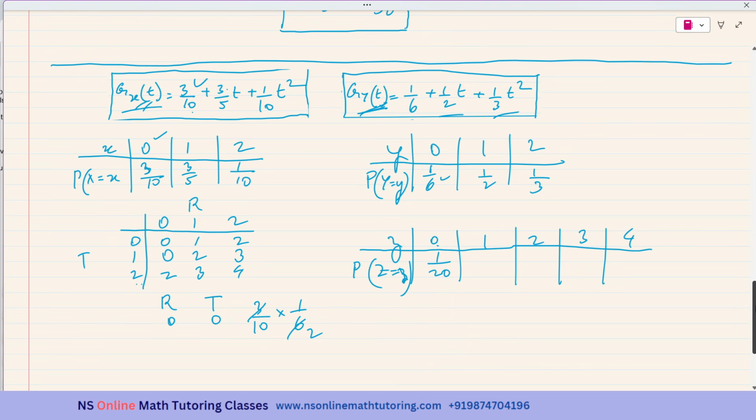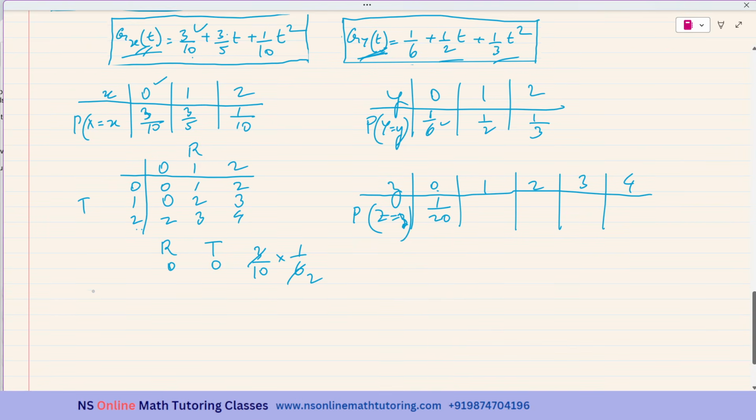Okay. Then Z equal to 1. How can you have Z equal to 1? Either red 0 and tail 1 or red 1 and tail 0. So red equal to 0 was 3 over 10, tail equal to 1 is half, plus red equal to 1 is 3 over 5, tail equal to 0 is 1 over 6.